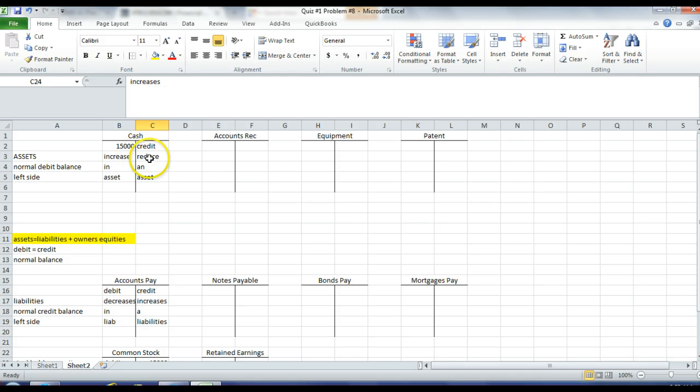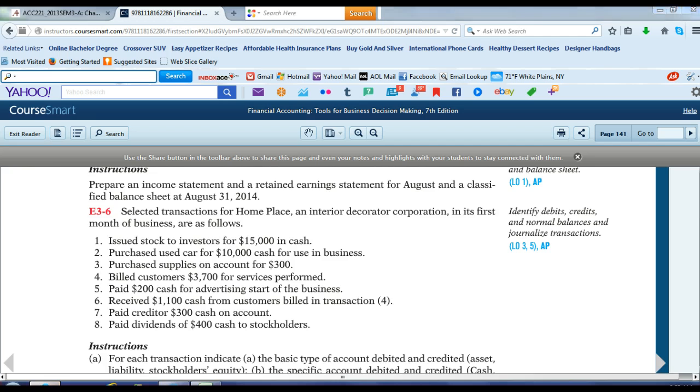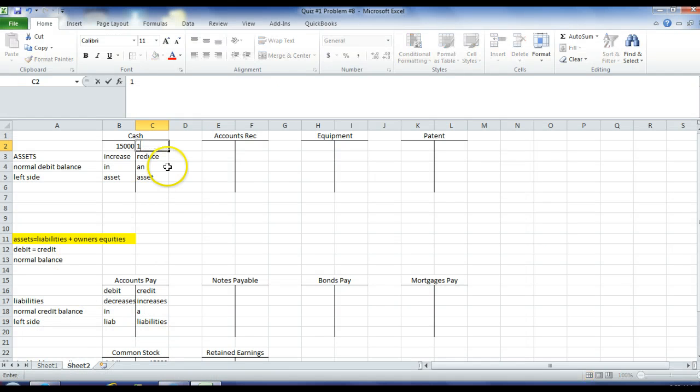So in cash, we would be crediting this cash. I forget, was it $10,000? Yes. So we would credit this $10,000 for cash, credit it, reduce it, and we're going to show this as auto, which is an asset here, and we would debit that auto or increase it by $10,000.